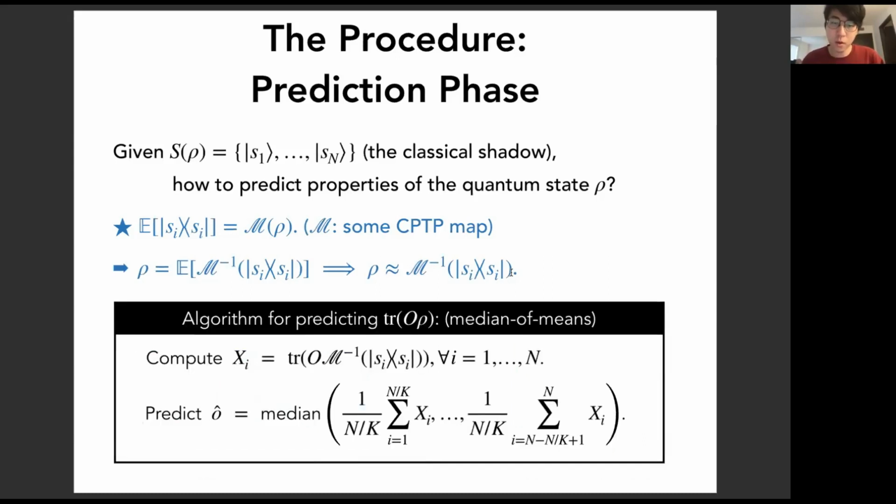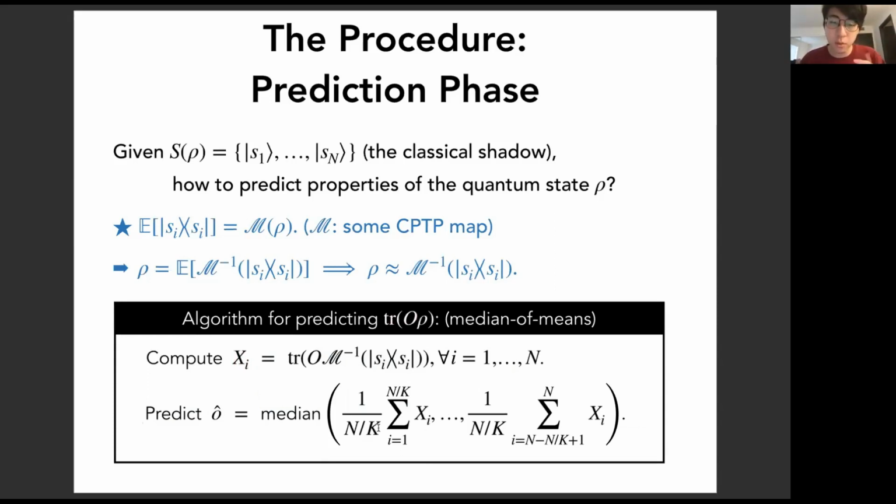So an algorithm for estimating trace of O rho is given as follows, based on this median of means estimator. We replace rho by the single shot classical shadow to get an estimate. So x_i is a real value that would be equal to trace of O rho in expectation.